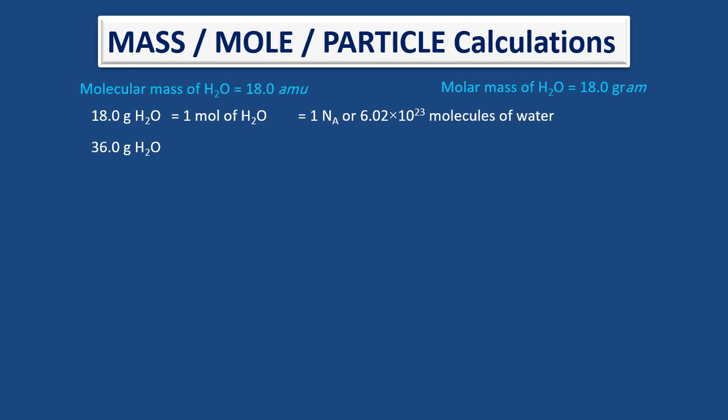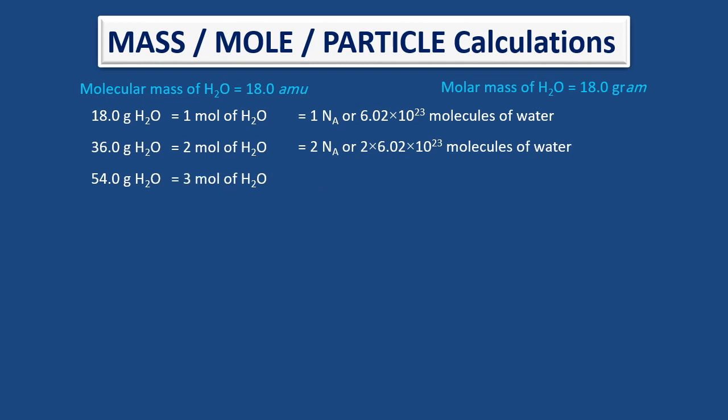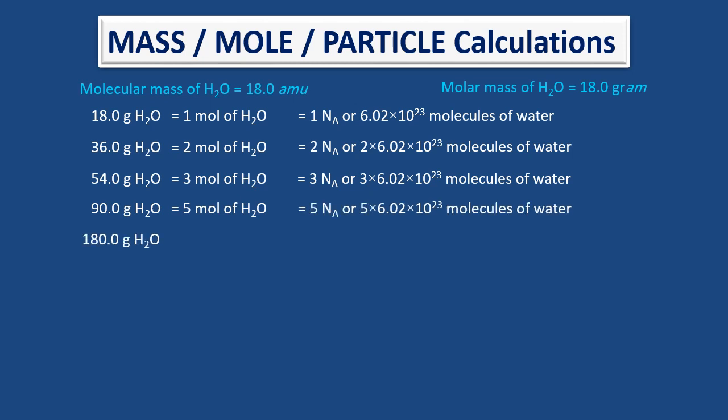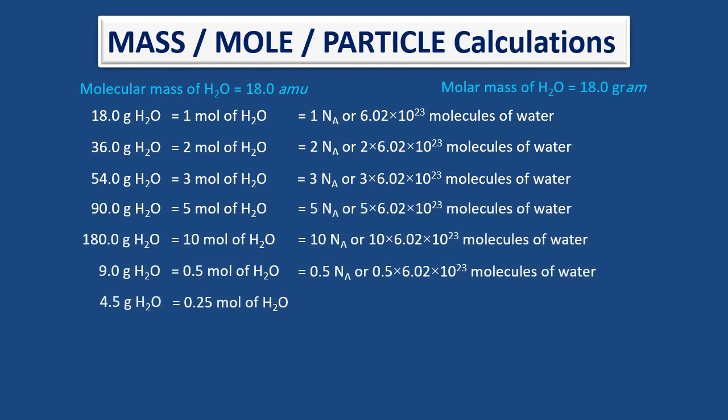Now doubling the mass doubles everything. Similarly, 3 times 18 is 54. So 54 gram of water means 3 moles of water, and it contains 3 Avogadro's number water molecules. For other masses, note by yourself.